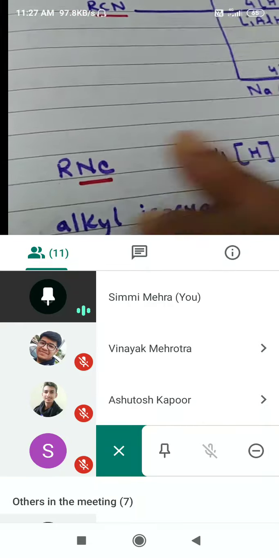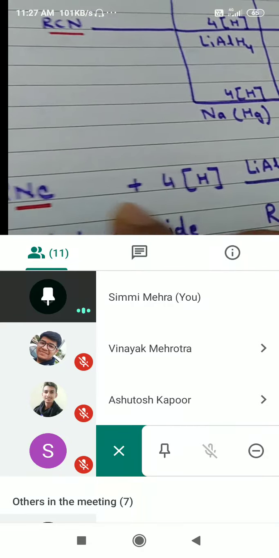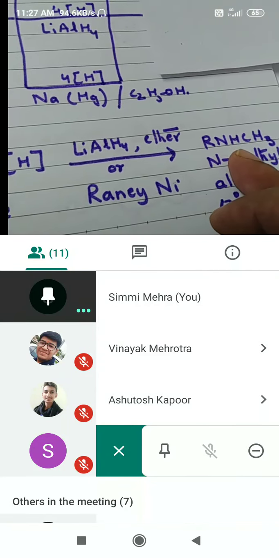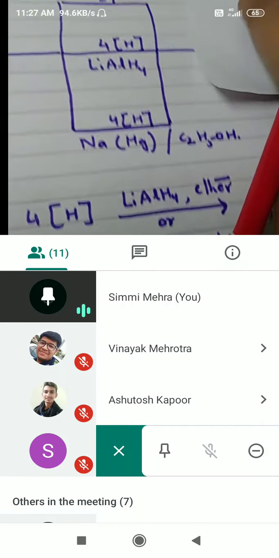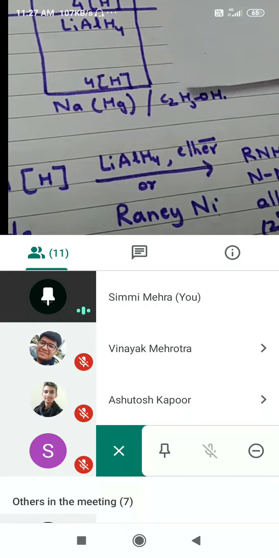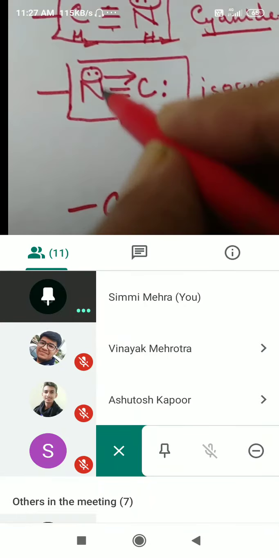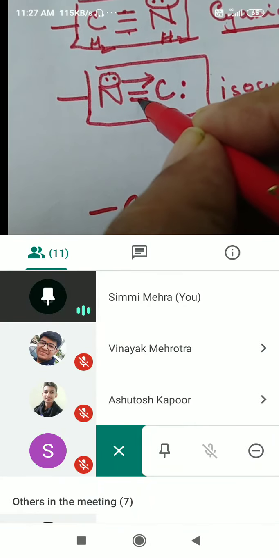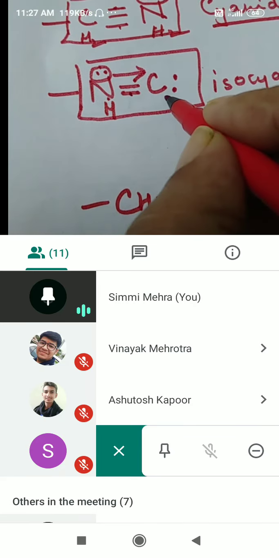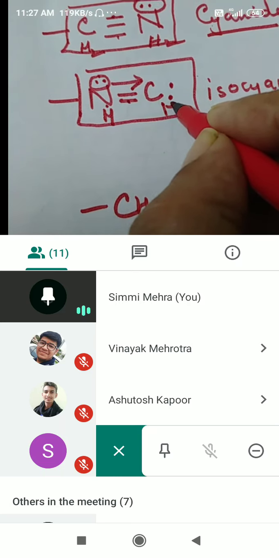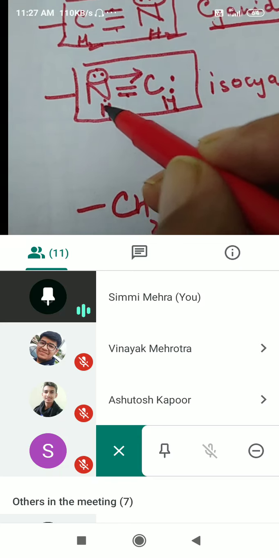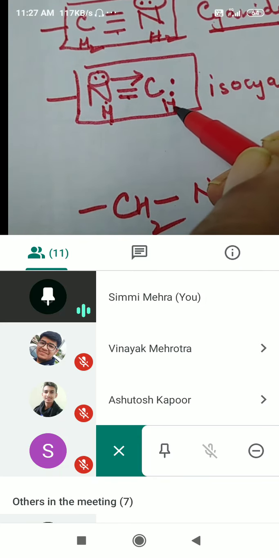Okay. If we have isocyanide and we reduce this, what happens? Look at the bonding here. If one bond is broken from here, one hydrogen will be attached this side and one will be attached this side. This will be NH, this will be CH.